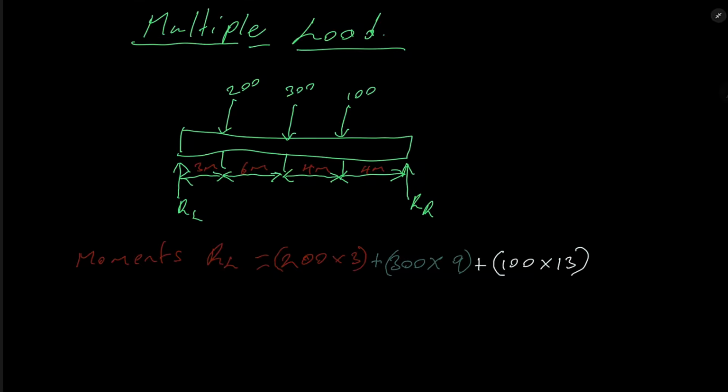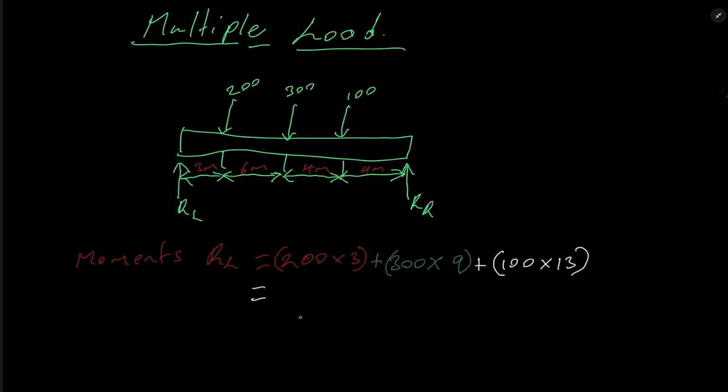This is how we're going to go about doing it. When we multiply across, 200 times 3 gives us 600, and then we add 300 times 9, and so on and so forth.